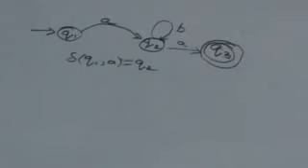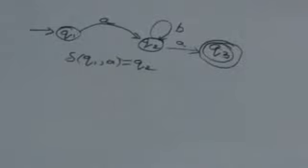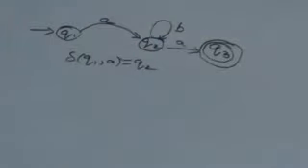So let us complete this automata. So in this automata, Q1 is the initial state and Q3 is the final state. As I have already told you, final states can be one or more than one. To the initial state, we will put an arrow before it, and the final state we will encircle.